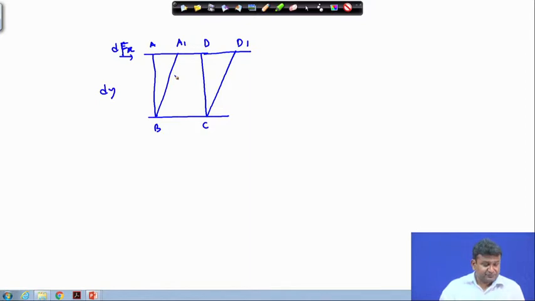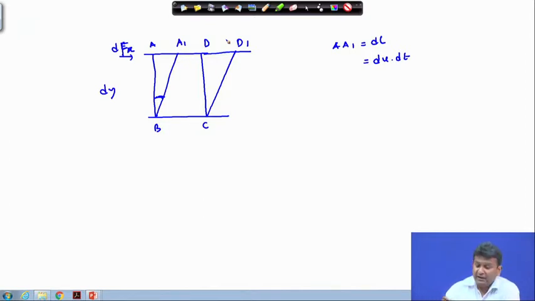And we immediately notice that there is an angular deformation. Before that, let us say AA1 is equal to dl, and this dl is nothing but du into dt, where du is the velocity in the x component and dt is the time over which this deformation has taken place.